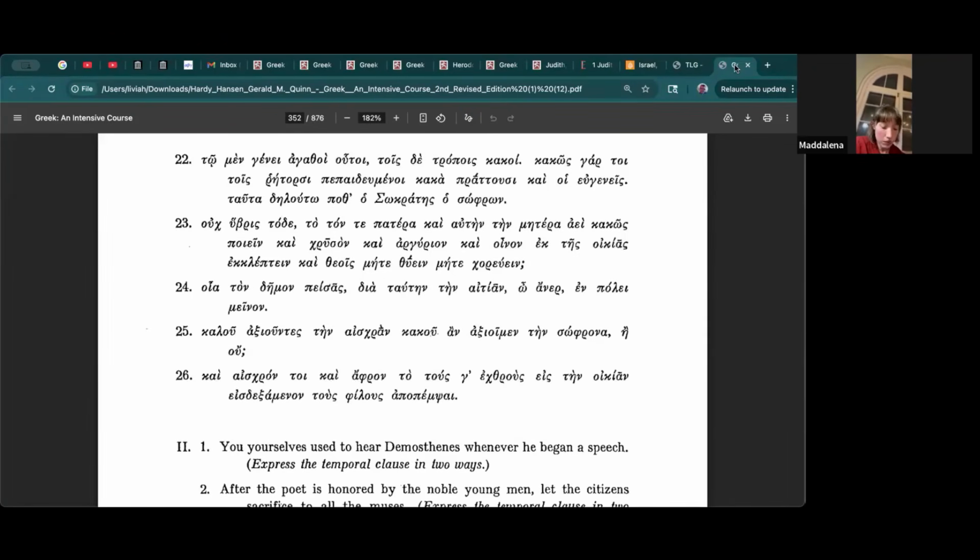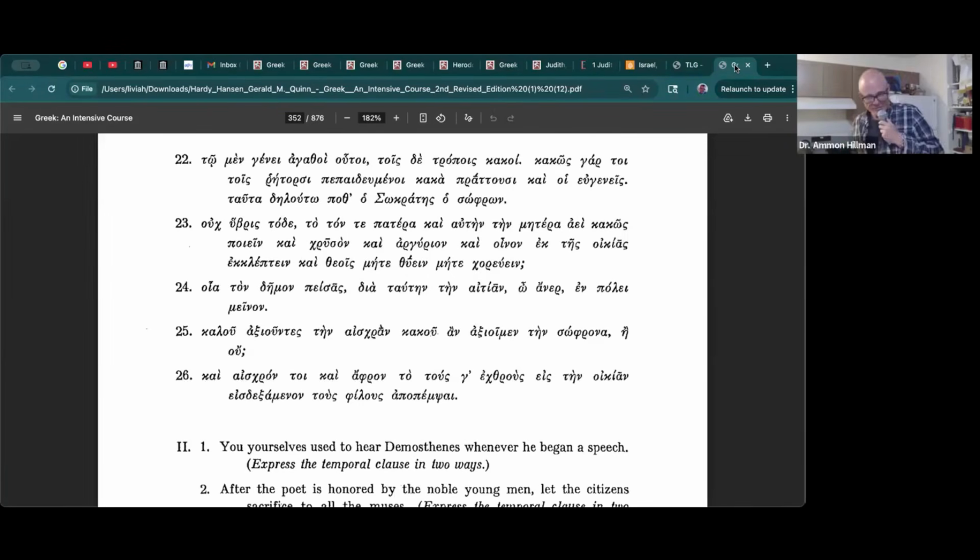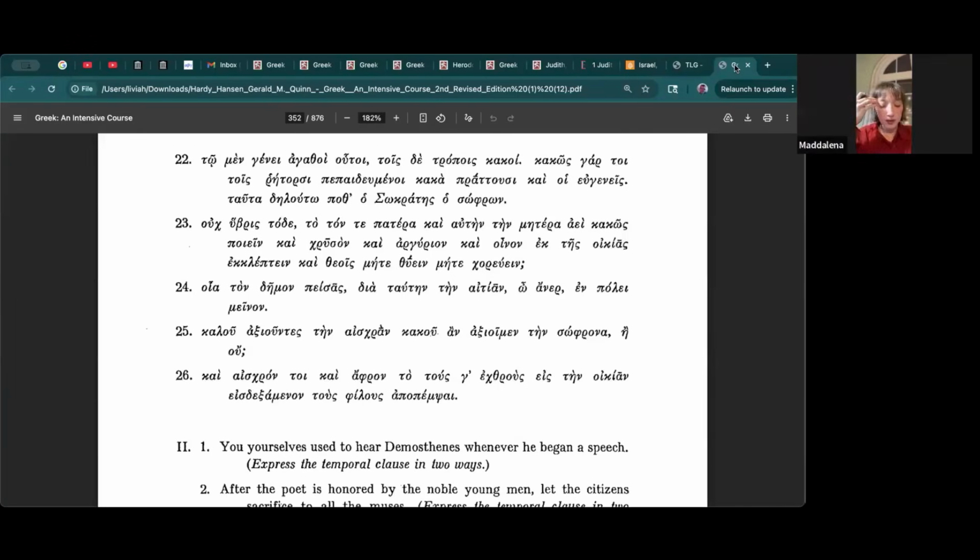It's a present optative. Yes, first person singular.